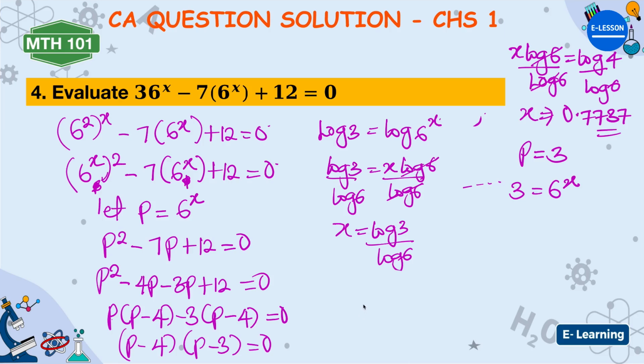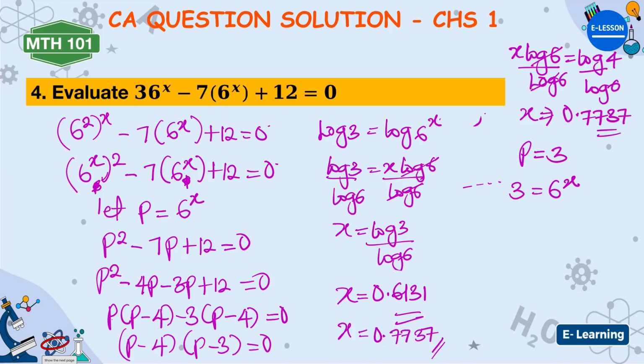The answer is 0.6131. All right, so our x is 0.6131 or 0.7737. So this is how to solve an equation like this.